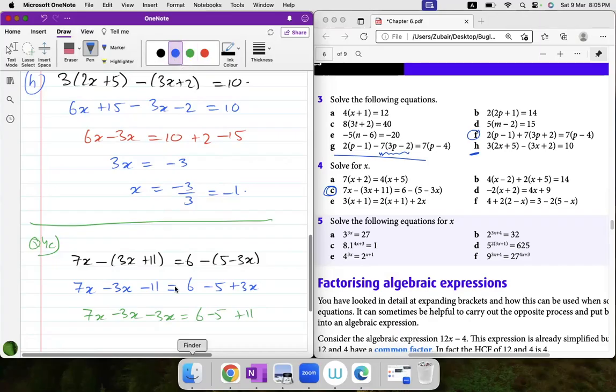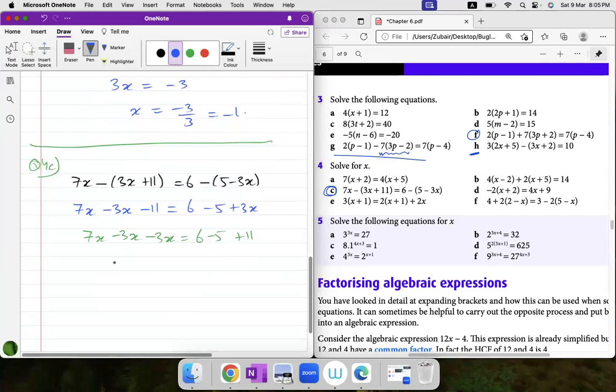X equals to 12. I'm still working. X is equals to 12. Yes. Okay. Let's try this F part.